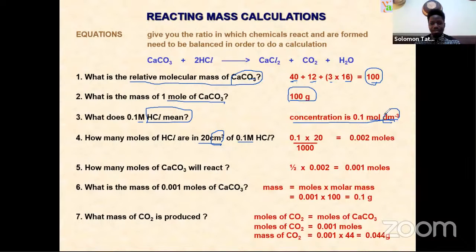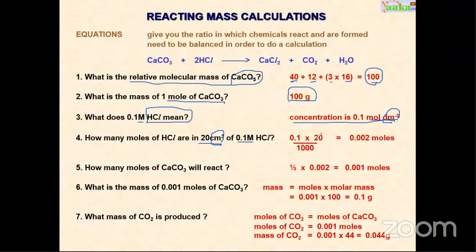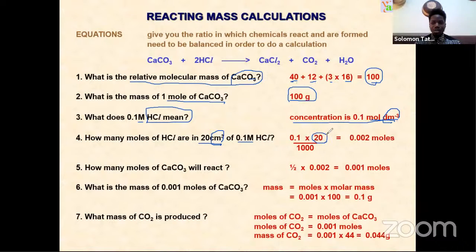Therefore, when calculating moles, it is important for us to convert our centimeters cubed to decimeters cubed. Therefore, in our formula, as we have seen previously in our triangle, it will be moles equals concentration times volume, but our volume, the 20, has to be converted to decimeters cubed. Therefore, we divide by 1,000 to get 0.002 moles. That's how we can calculate moles.